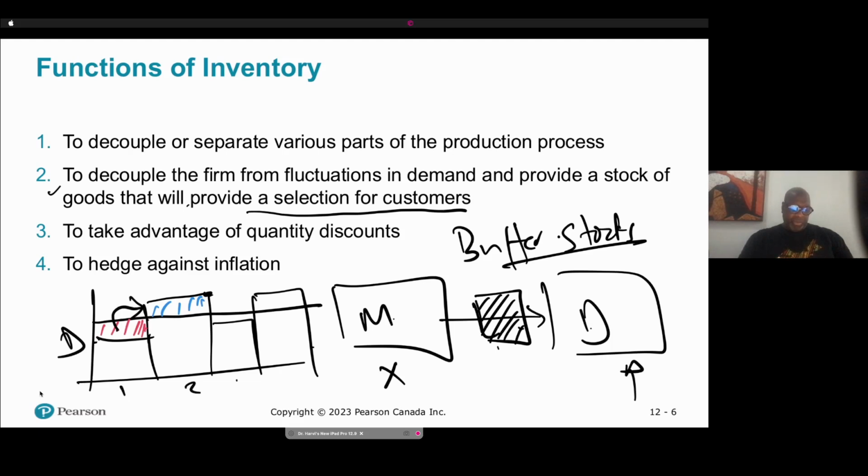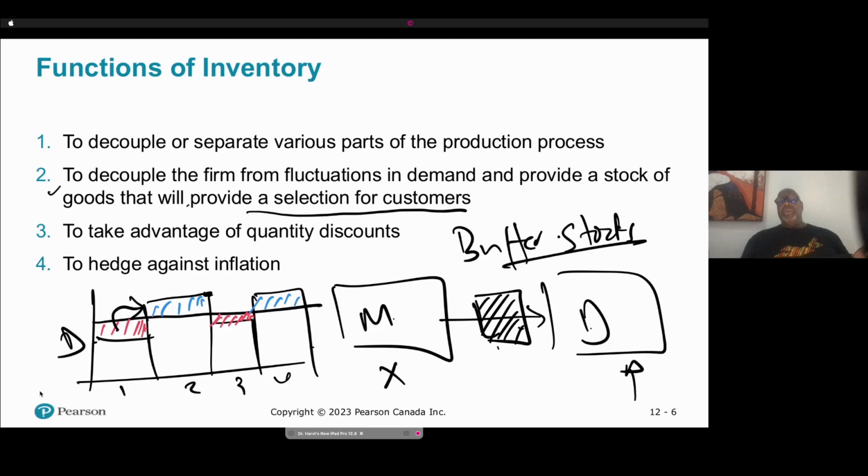This is 1, this is 2, 3, and 4. All right? But you have to really make sure that you balance your production in such a way that you have inventory to allow for fluctuations in demand. So that's another important function of inventory.